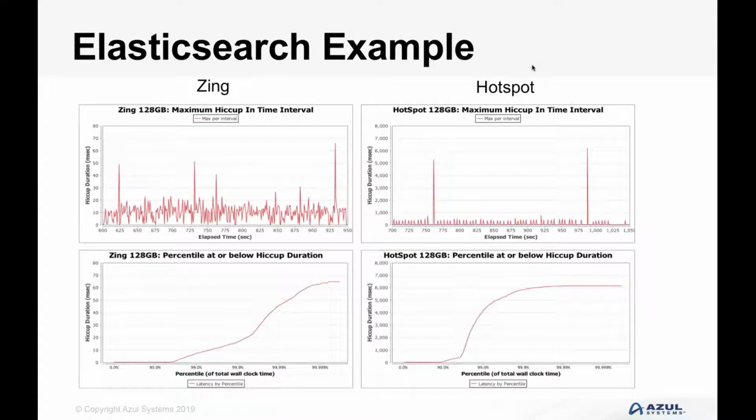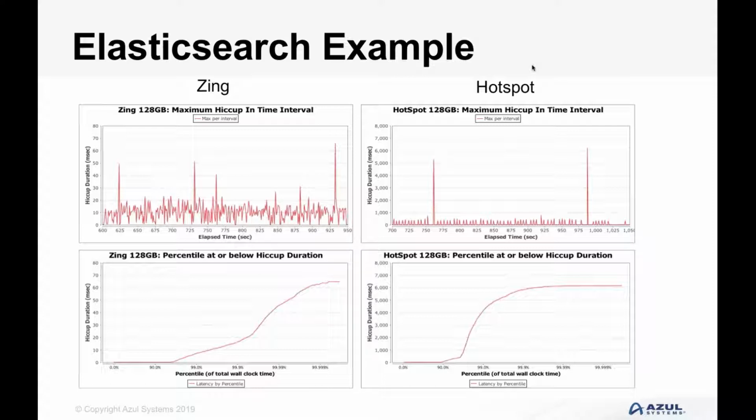On the left-hand side, I've got an example of an application. This is Elasticsearch on a 128 gigabyte heap; the left-hand side is a graph of Zing, and the right-hand side is a graph of HotSpot. If we look at the graph of HotSpot, we're seeing a very typical sort of garbage collection activity.